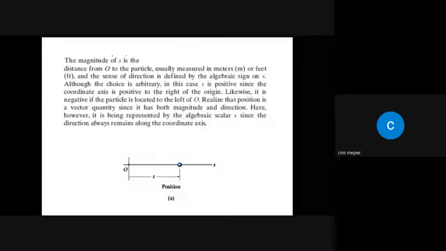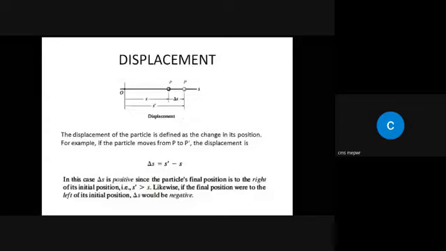Okay. Now displacement. As I have already told you, for displacement you also need to mention the direction. The displacement of a particle is defined as the change in its position. For example, if a particle moves from point P to P dash, initially the particle is at P and it moves from P to P dash.